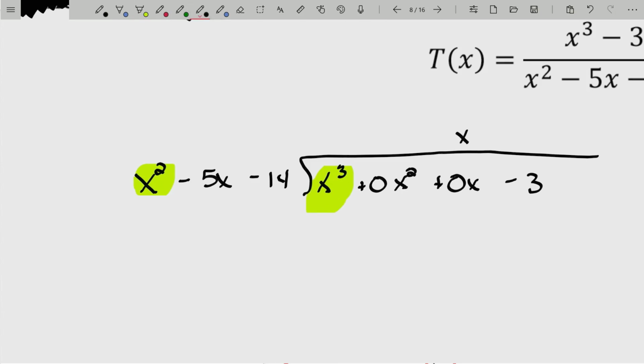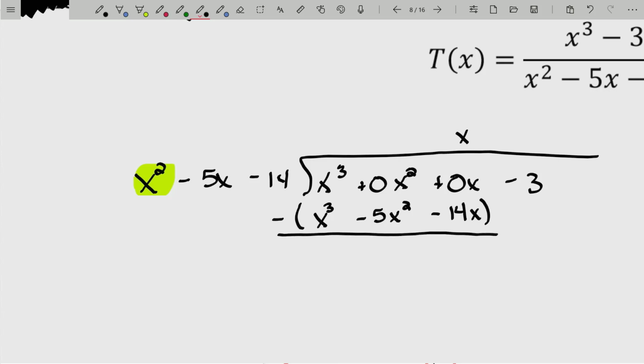Well, we know that goes in x times. We could double check that work by multiplying this x against all three of these terms. That would be x times x squared, which is x cubed, x times a negative 5x, which is a negative 5x squared, and x times a negative 14, which is a negative 14x.